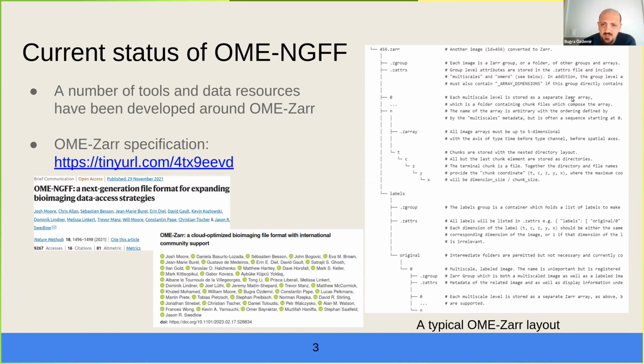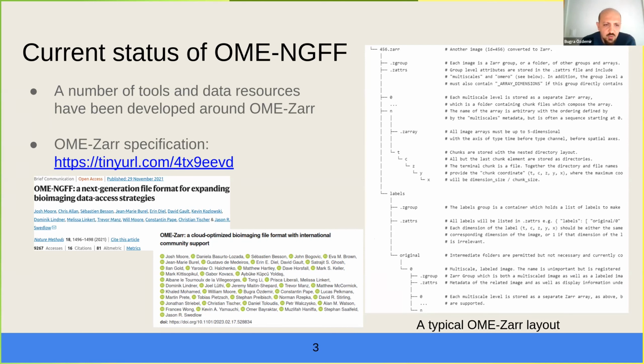There are multiple metadata files at different directories representing what is stored at that particular directory. If there are segmentation masks, they go under the labels subdirectory, and it's also possible to store image analysis results for particular labels, and also some display metadata, for example, in the same hierarchy.